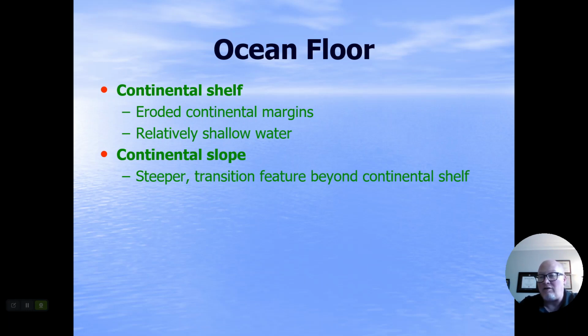The Pacific side, however, you don't. On the Pacific side, the North American plate butts right up against the Pacific plate, so you don't have a great deal of continental crust moving away from the continent. So as a result, the slope on the west coast is far steeper than the slope on the east coast.